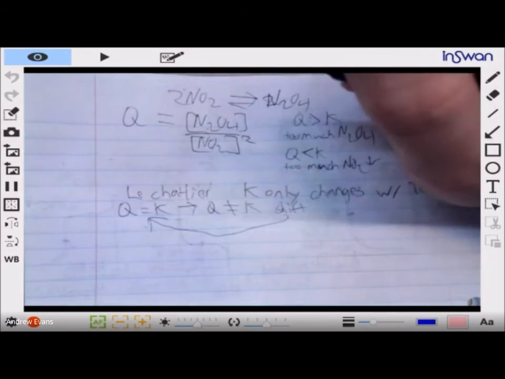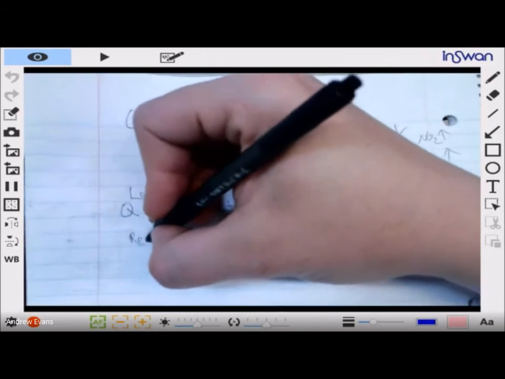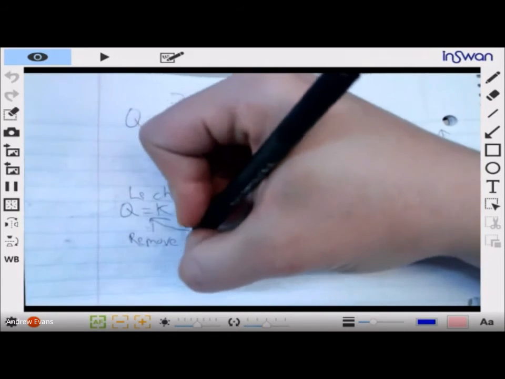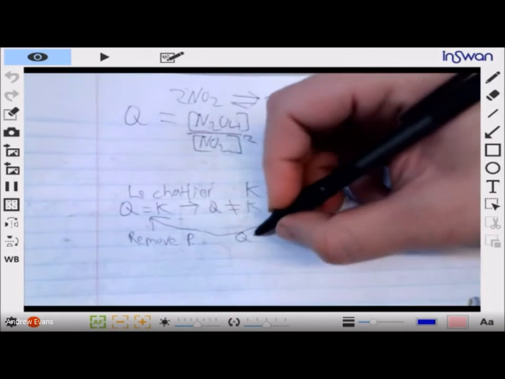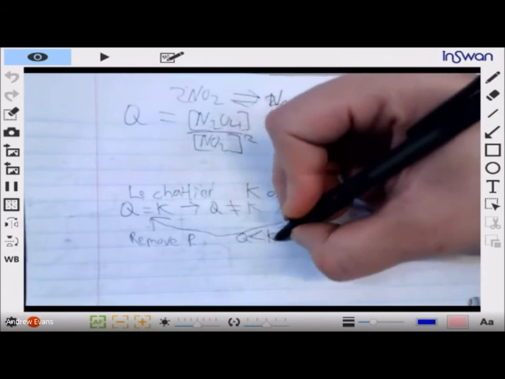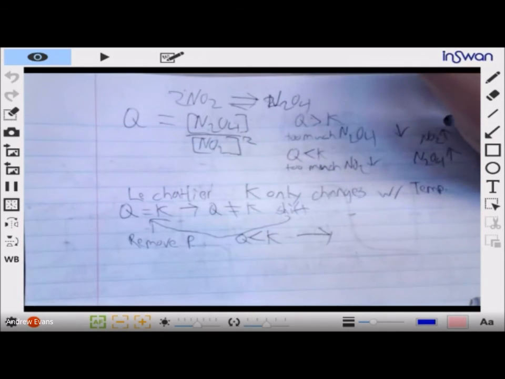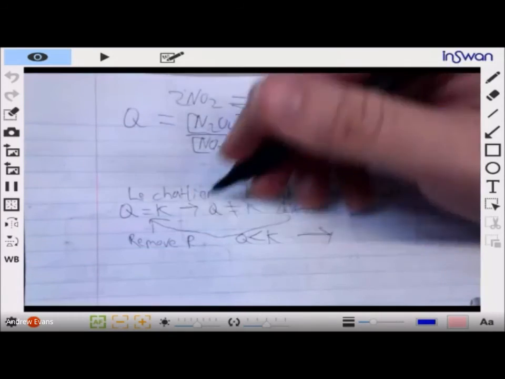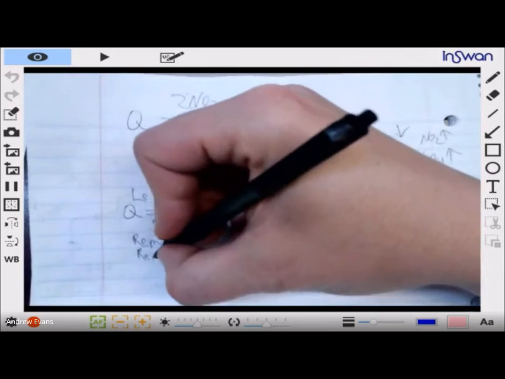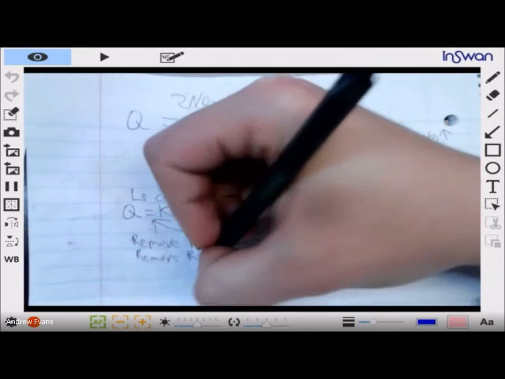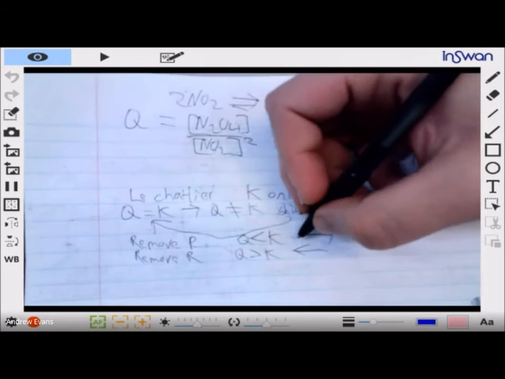It doesn't matter how you do it. If we remove a product, Q is then less than K, and so it goes to the right to replace the product. If we remove a reactant, Q is greater than K, and so it has to shift to the left to replace the reactant.